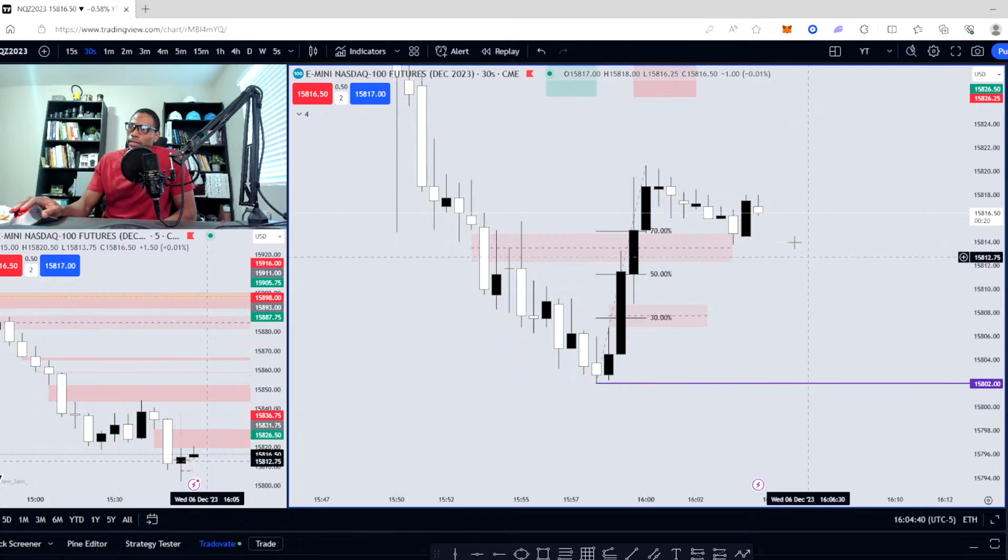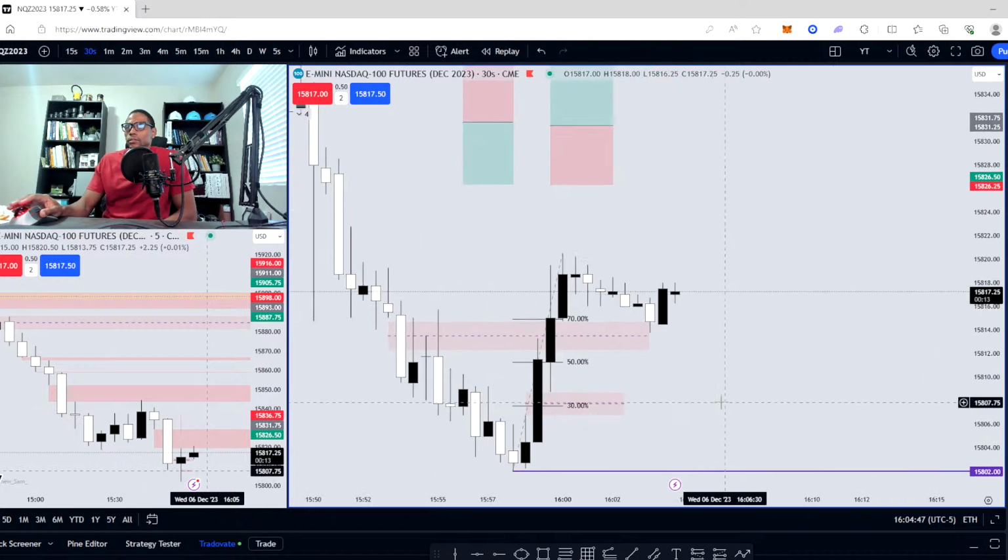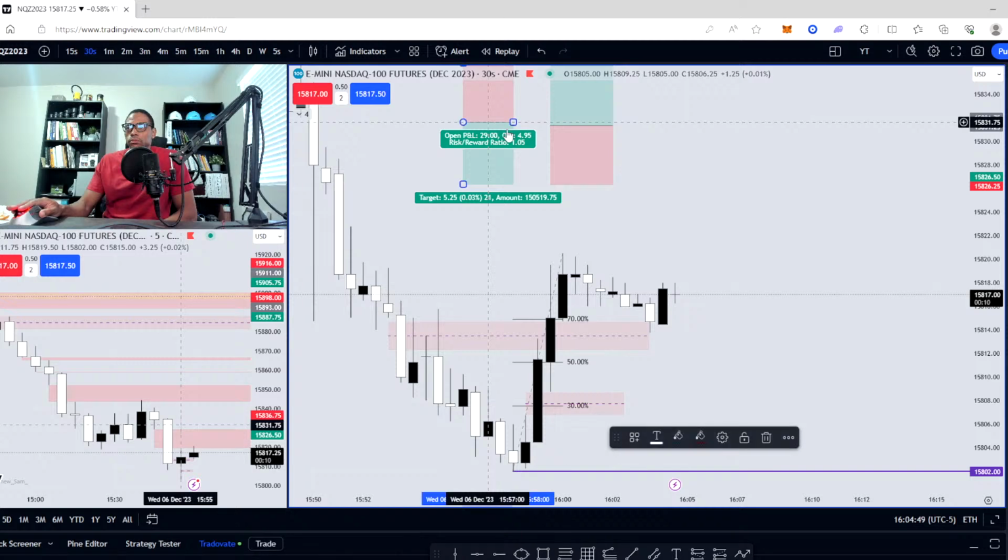We're waiting for that last push down past the purple line and then a retracement back to 30% for a short. Go ahead and get our tool set up so we're ready.